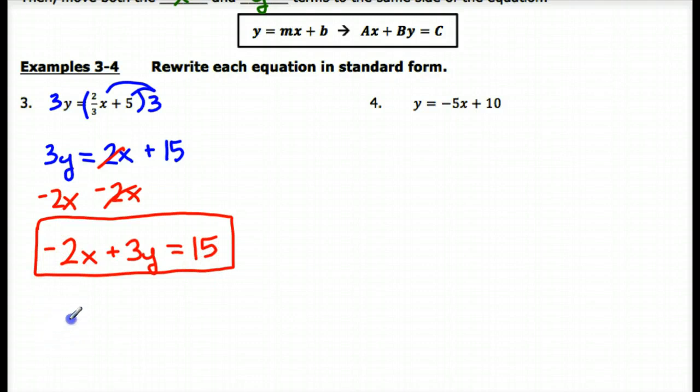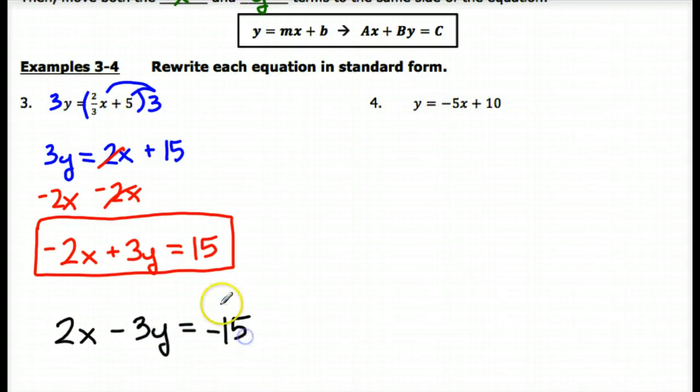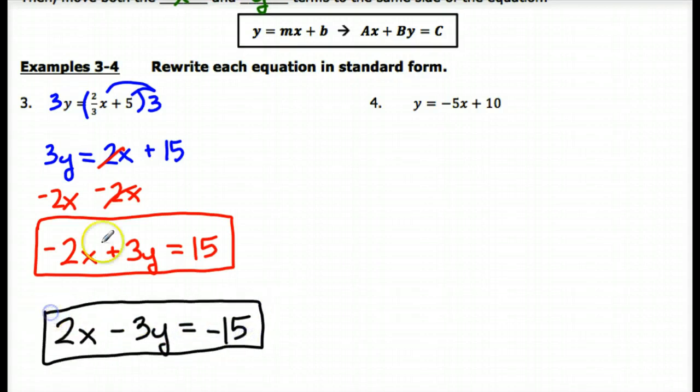And so that would give you the equation 2x minus 3y equals negative 15. So just keep that in mind. Sometimes you might see this as the answer for standard form. Both of these would be correct in this class here, but you may have a teacher that requires you to make this x term here positive anytime you're writing an equation in standard form.